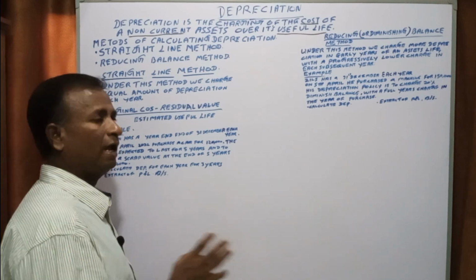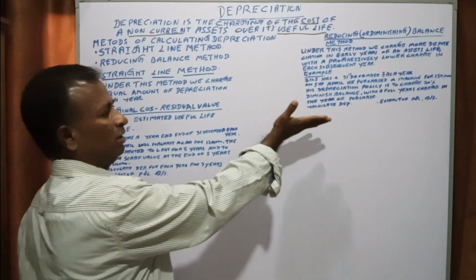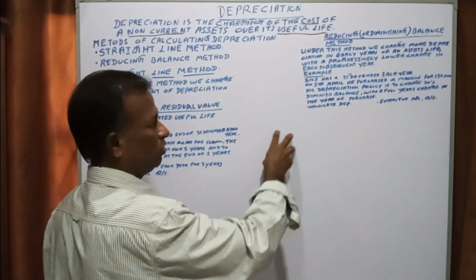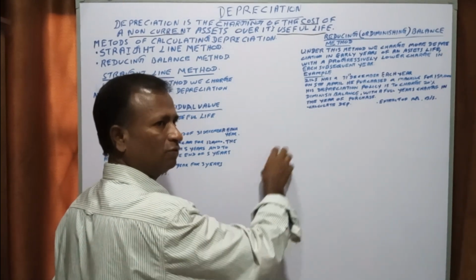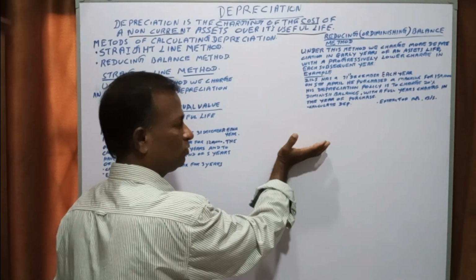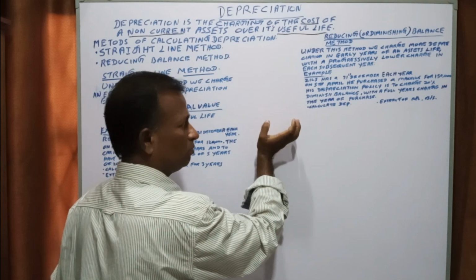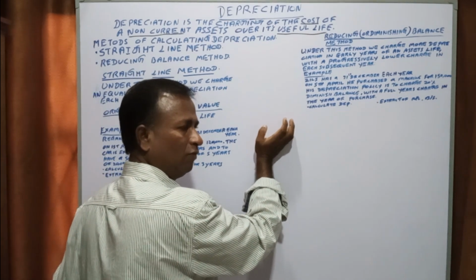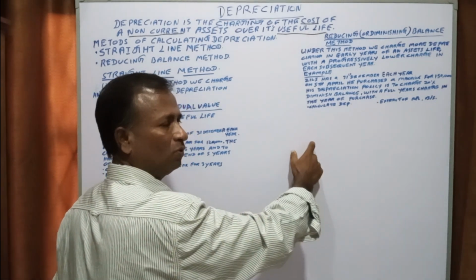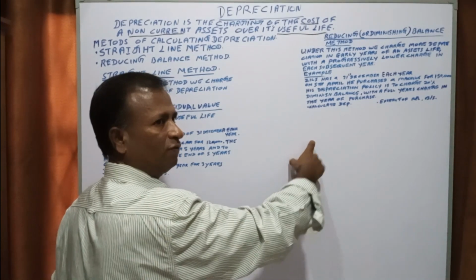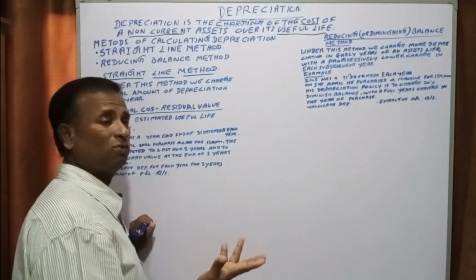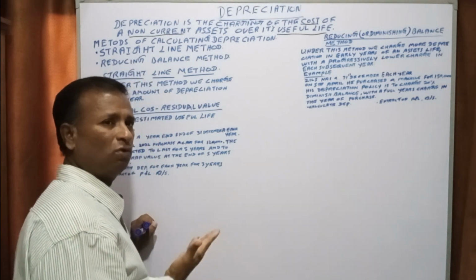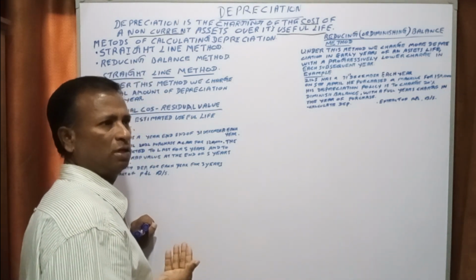Like that, every furniture, equipment or motor vehicle will have its useful lifespan. If you purchase a motor vehicle today, it will not have the same value after 5 years or next year. Even after 2 days it won't have the same value.